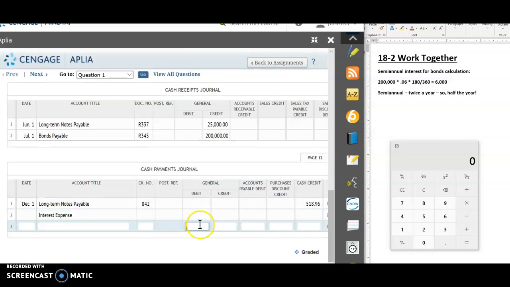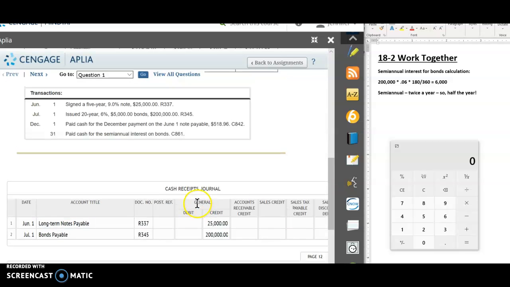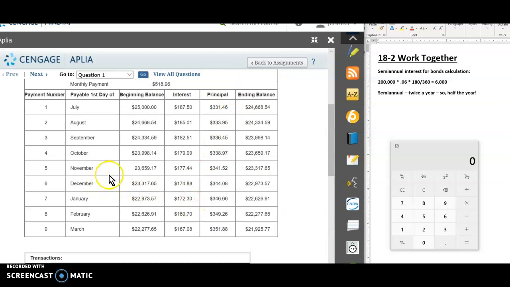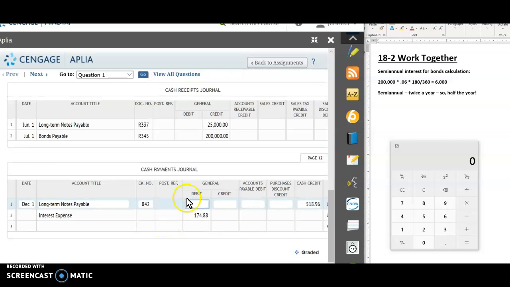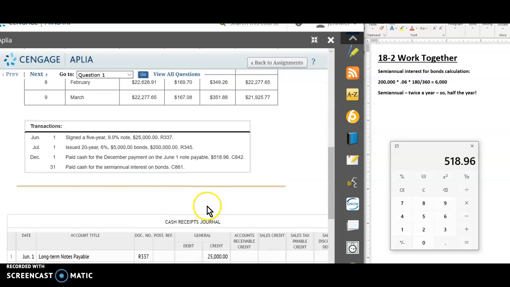So our interest right here, $174.88, and the amount that actually goes towards principal in December is $344.08. Okay, and if you were to add those up using your calculator, 344.08 plus 174.88 is your monthly payment. All right, $518.96. So that's the December 1st transaction.